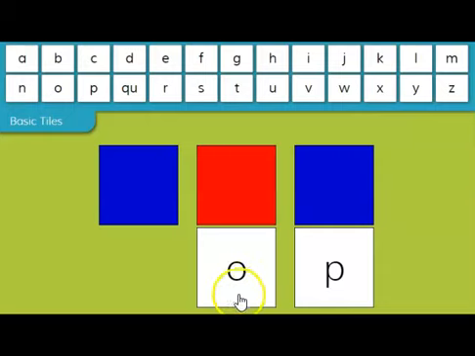And we ask ourselves, is the vowel closed by one or more consonants? Yes, it's closed by the letter P. So we know that this letter O is going to make the short O sound, o, like octopus.